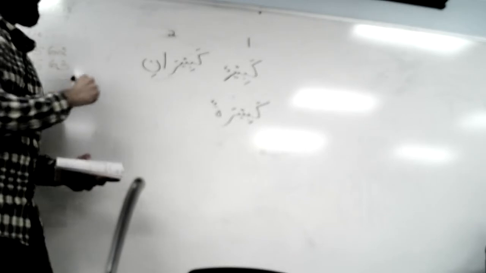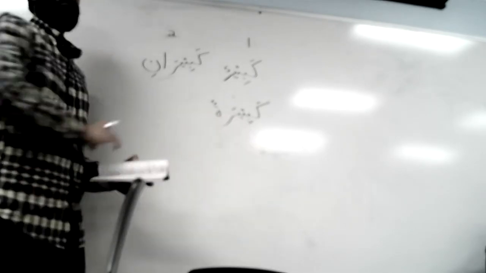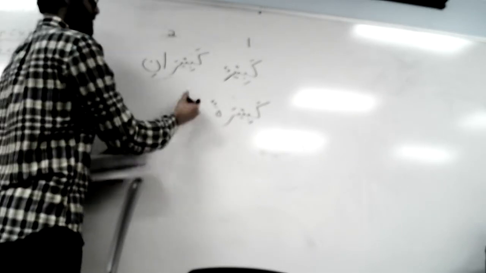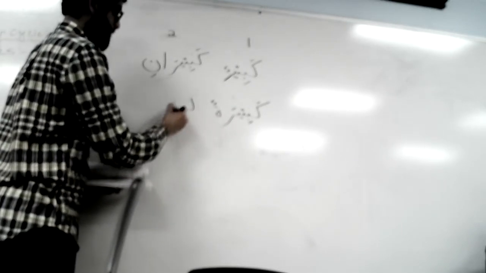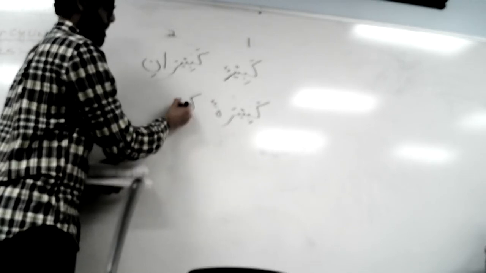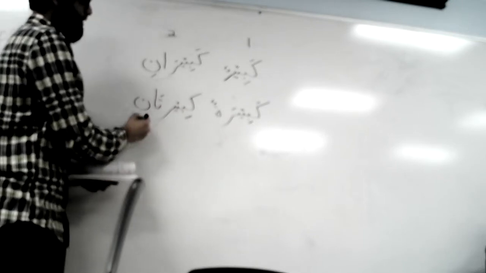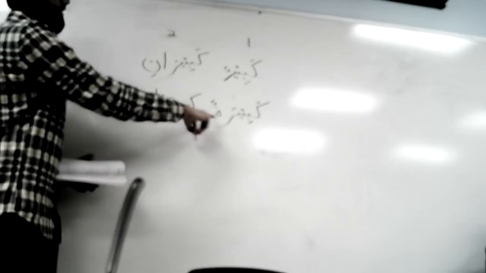Now how do I say two things big but they're feminine? Kabiratani. It's not going to be the ta marbuta, because ta marbuta only comes at the end. Kabiratani is going to have this ta.